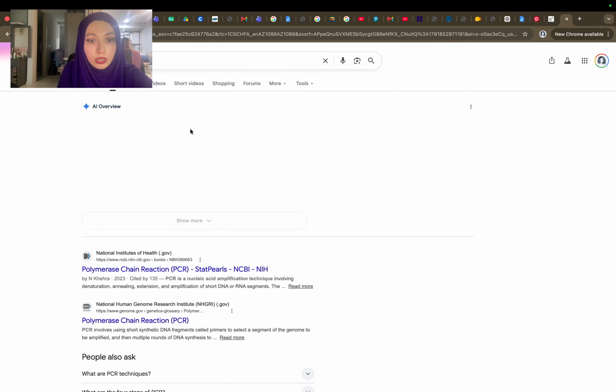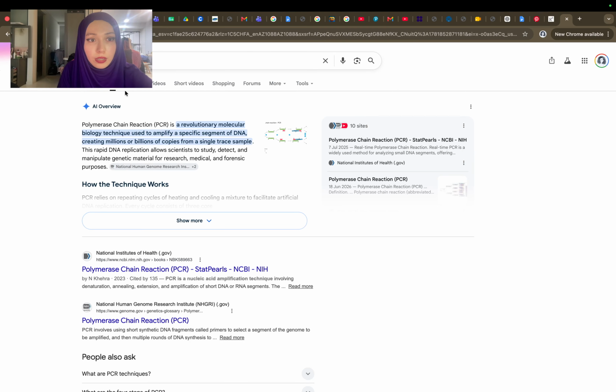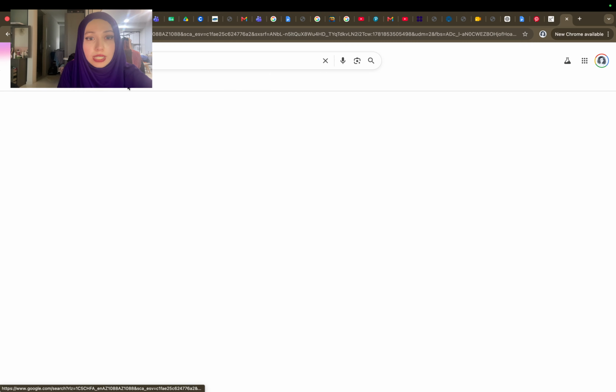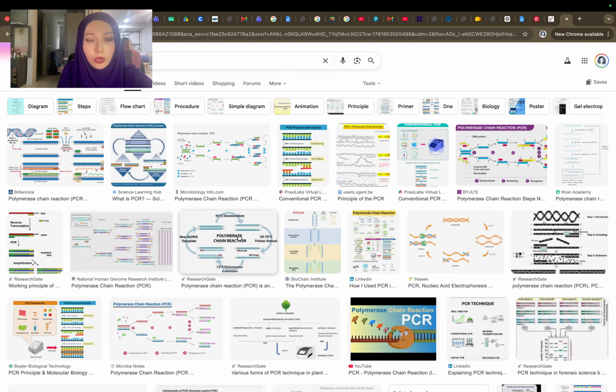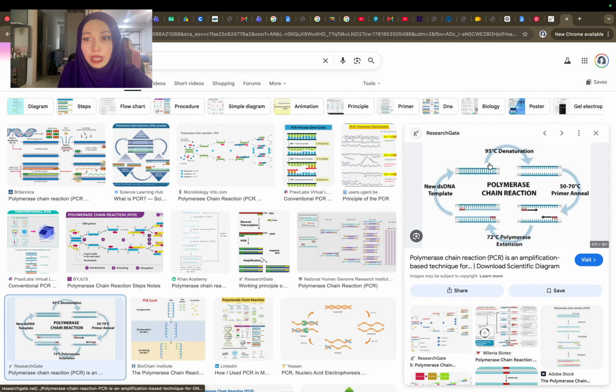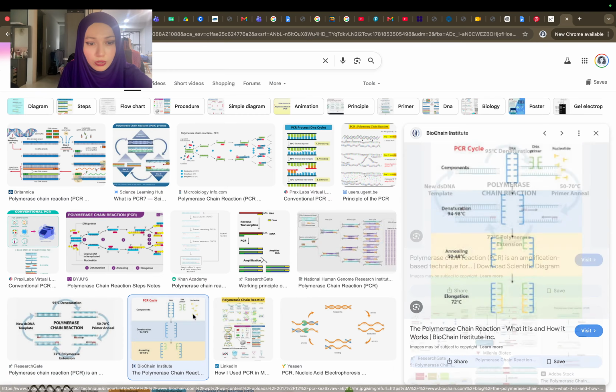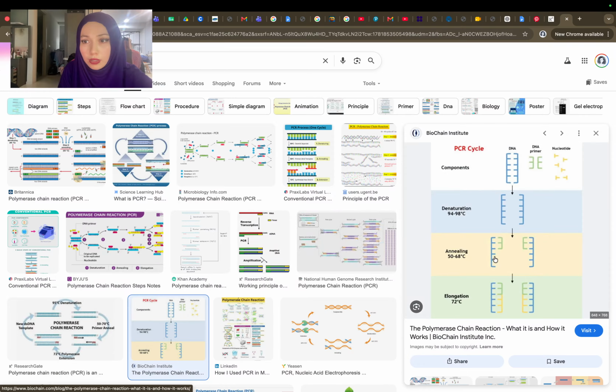So you see here, creating millions or billions of copies from a single trace sample. Here you see we have denaturation, annealing, polymerase extension, and a new template, right? This is basically how it happens.